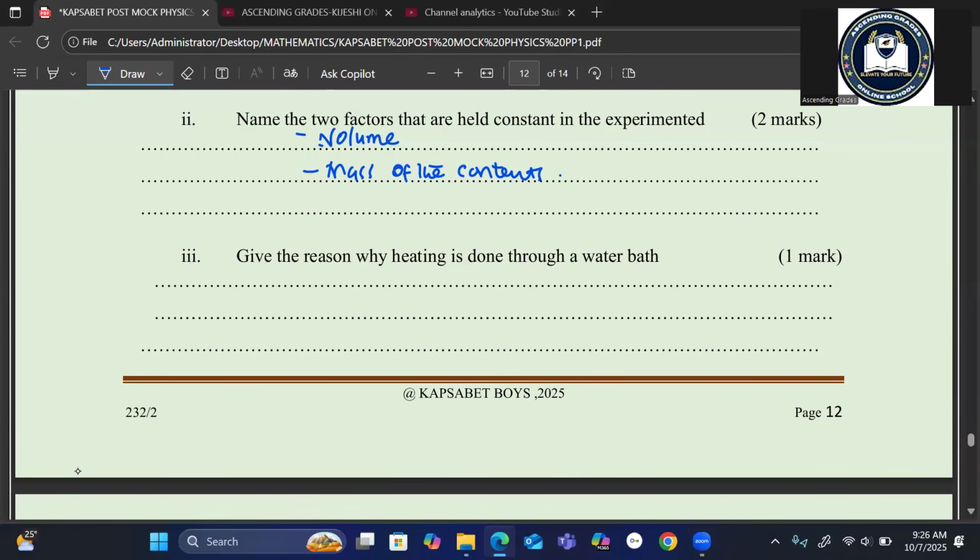So you can say that a water bath ensures even and gentle heating, and this one prevents local overheating. What do we mean by local overheating? It is when we have one side being overheated more than the other one.